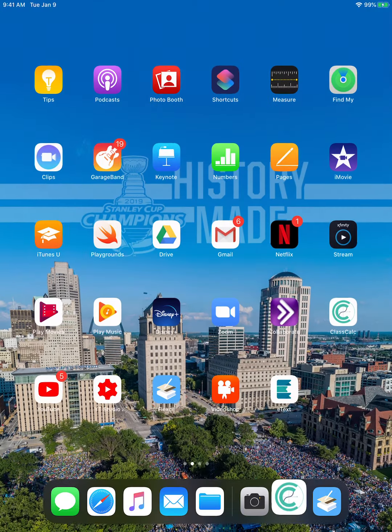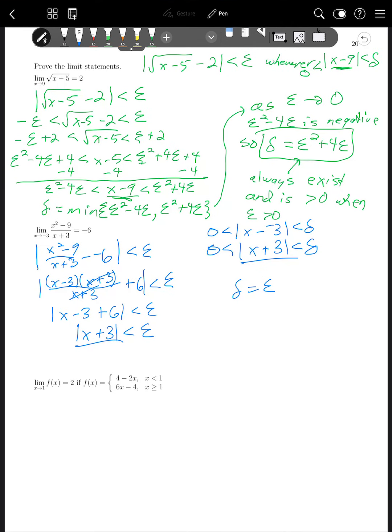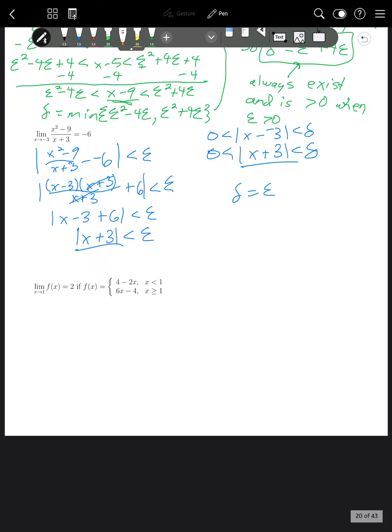But in this case, I do need to do both of these. So I'm going to have to do the same thing that I'm doing here, but do it for both. So for the first one, it'll be the absolute value of 4 minus 2x minus 2 is less than epsilon. Okay, so we simplify. So this is the absolute value of 2 minus 2x, and let's go ahead and get rid of those absolute value bars.